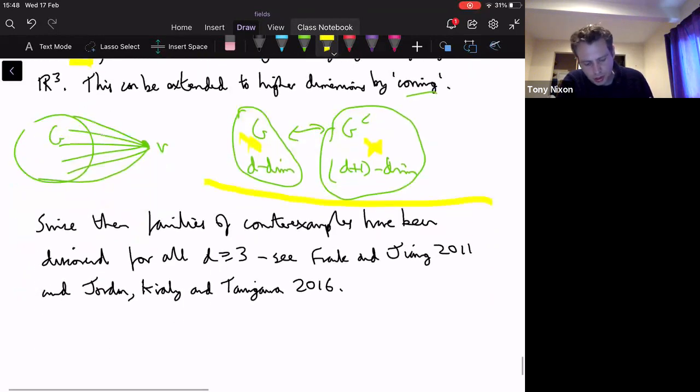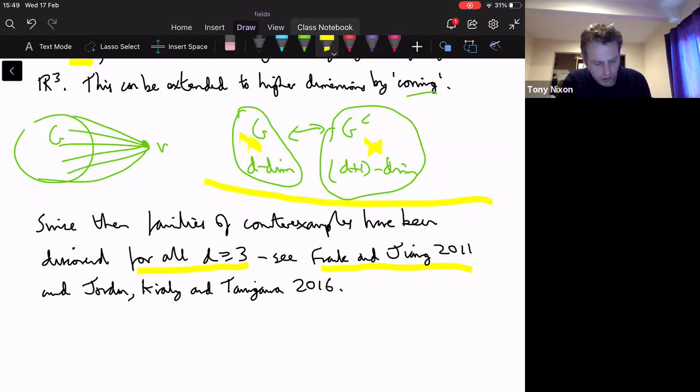But at some point, in one or two of their papers, Connelly and Whiteley proposed that maybe K_{5,5} was a unique counterexample in 3D, and there were essentially no other counterexamples in other dimensions. But Frank and Jiang managed to find families of counterexamples for all dimensions greater than or equal to 3, which are effectively bipartite kinds of examples.